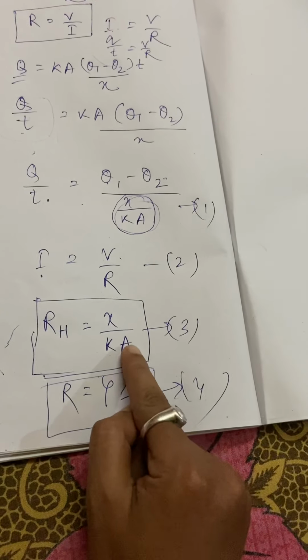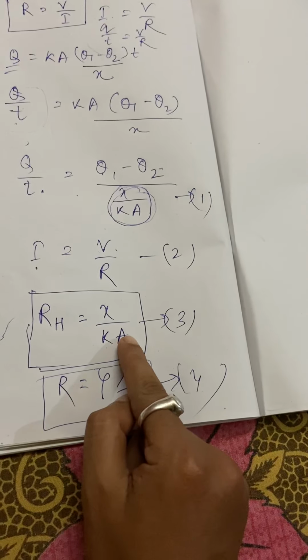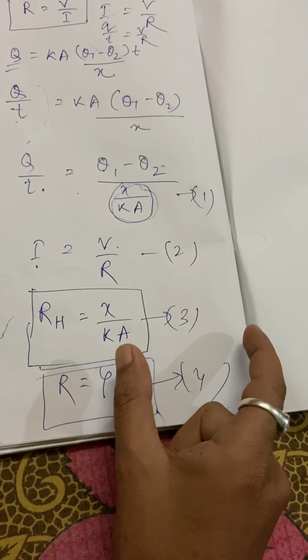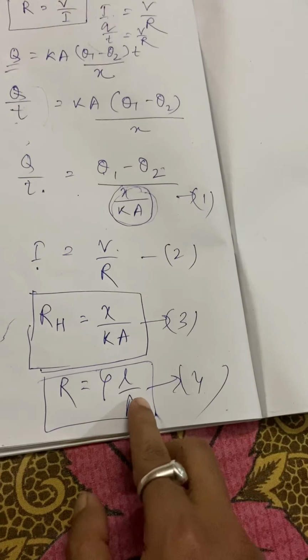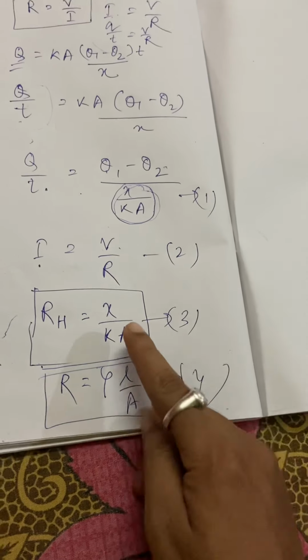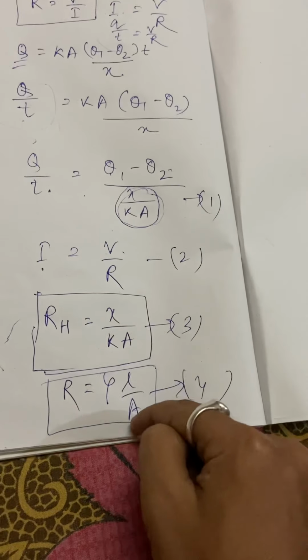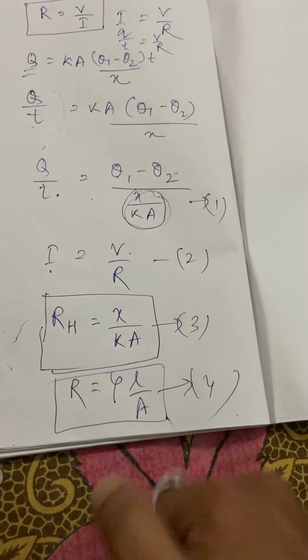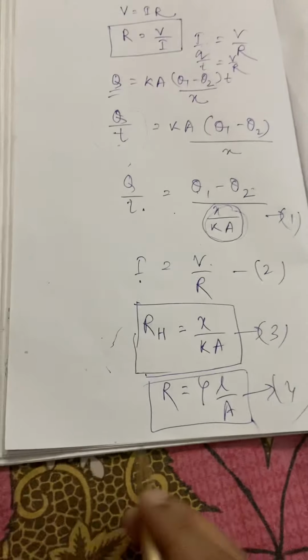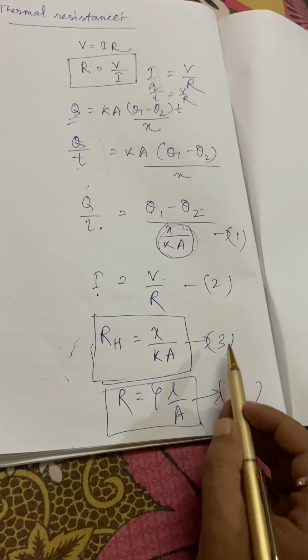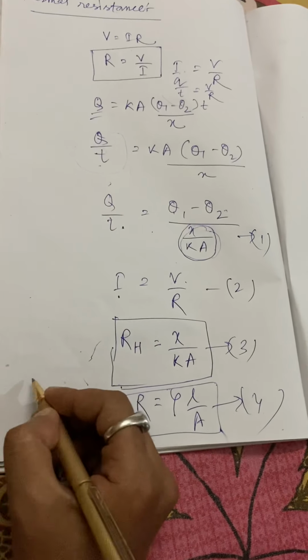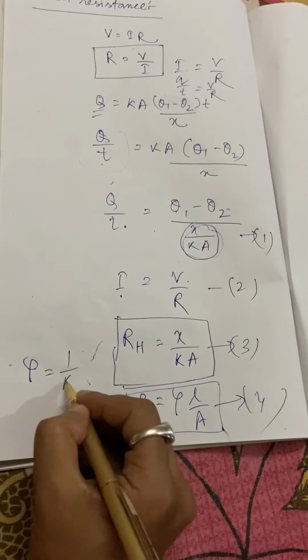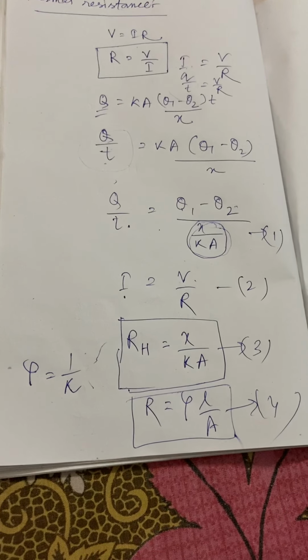This is the cross-sectional area of the bar, and this is the cross section of the wire. So if we compare equations 3 and 4, we can write that rho equals 1 by k, right?